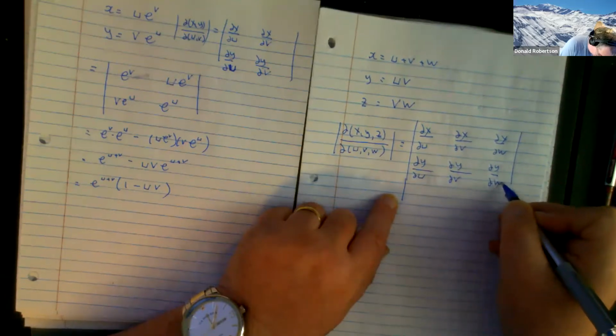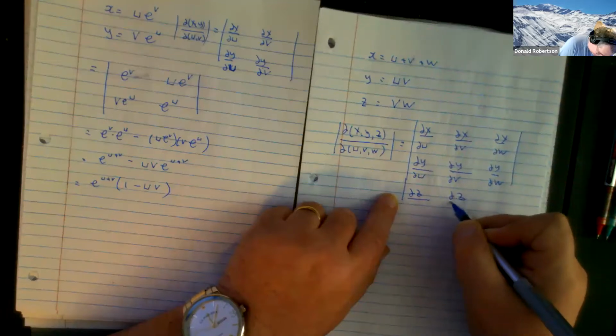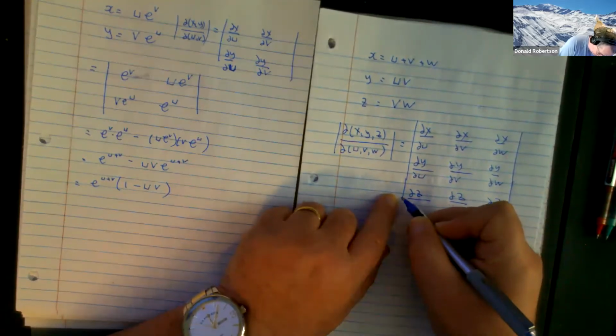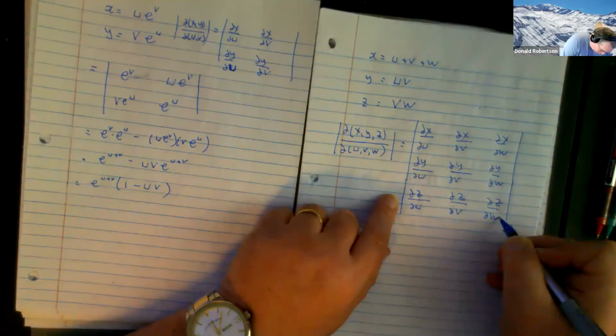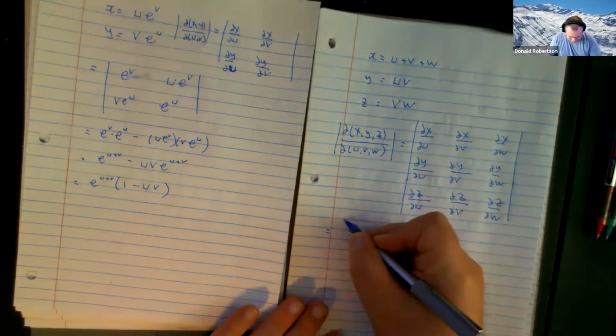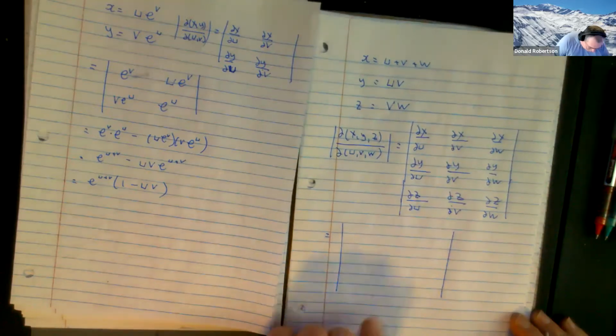And then you do z one more time, with respect to u, with respect to v, with respect to w. Now that means when I'm finished I'm going to have a 3 by 3 matrix. And the determinant of that is a little bit trickier, but we'll worry about that when we get to it.